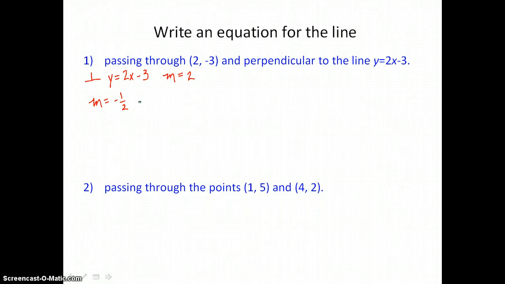So we'll use negative 1/2 and the point 2, negative 3 in order to write the equation of the line that's perpendicular to y equals 2x minus 3.